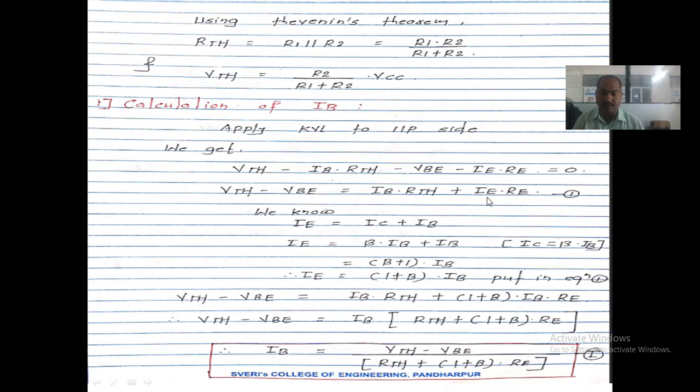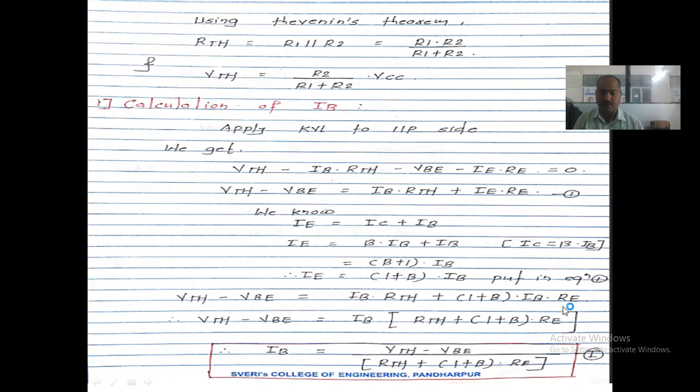In that equation we put in the value calculated for I. VTH minus VB equals IB into RTH as it is, and for I we put in beta plus 1 into IB, with RE as it is.